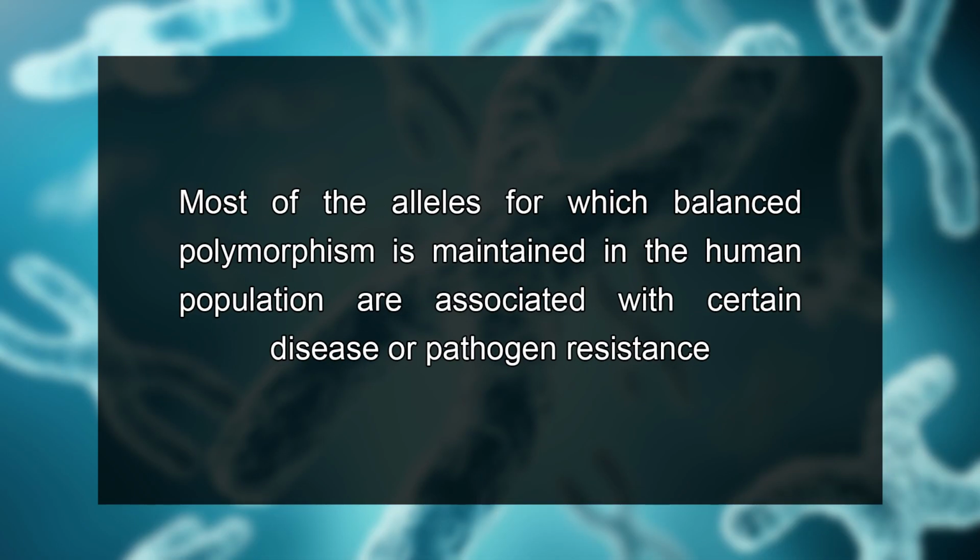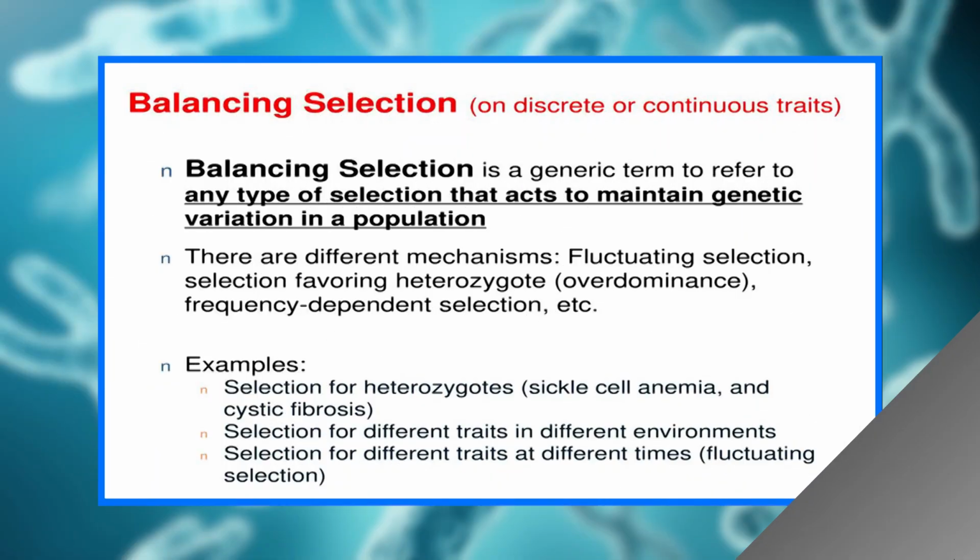Most of the alleles for which balanced polymorphism is maintained in the human population are associated with certain diseases or pathogen resistance. Most human polymorphisms are neutral or slightly deleterious, but some genetic variation is advantageous and maintained in populations by balancing selection.